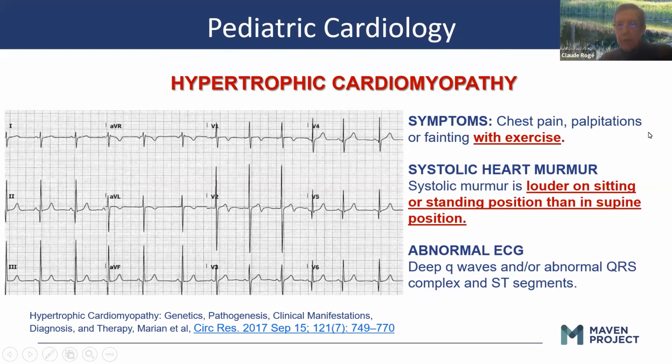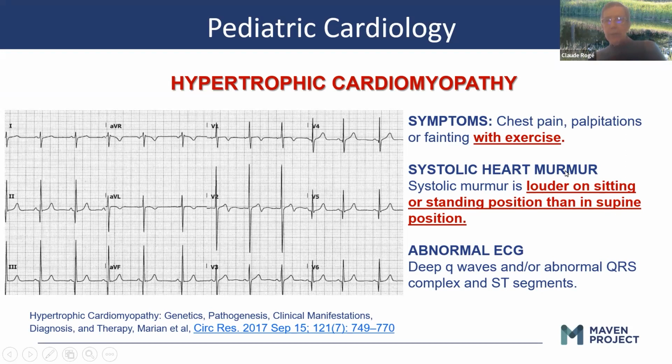So how do you suspect that? Again, symptoms with exercise. That's always a red flag. Chest pain, palpitation, or fainting with exercise is a red flag. You need to evaluate the patient further, okay? And again, I mentioned before, they have a systolic heart murmur, and the difference here is that it is louder in the sitting and standing position than in the supine position.